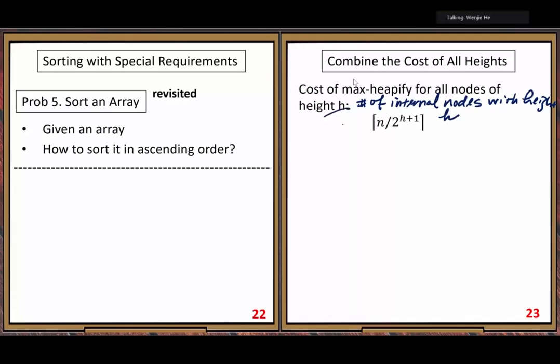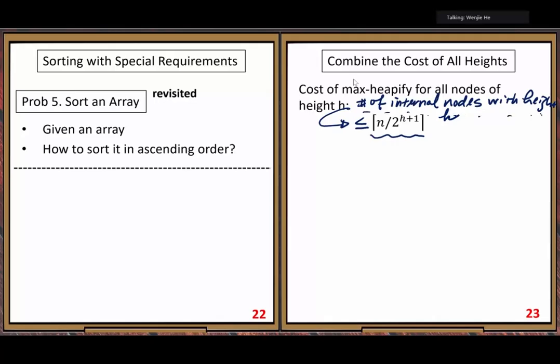This number is less than or equal to this one. Yes, it's an inequality, less than or equal to. So that's the upper bound for these nodes.